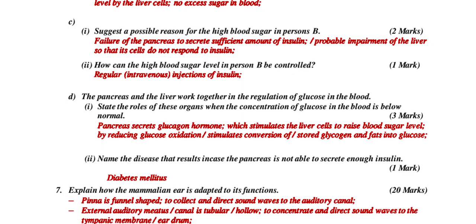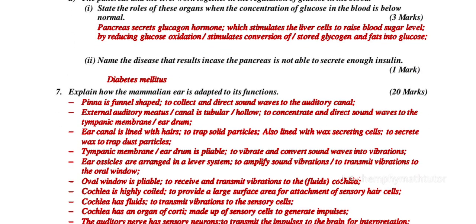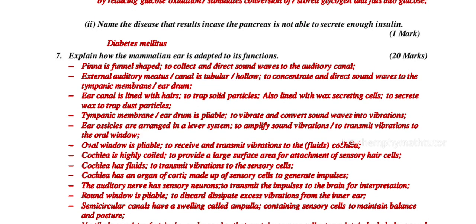The pancreas secretes glucagon hormone, which stimulates the liver cells to raise blood sugar level by reducing glucose oxidation and stimulating conversion of stored glycogen and fats into glucose. Roman 2. Name the disease that results in case the pancreas is not able to secrete enough insulin. That is diabetes mellitus.